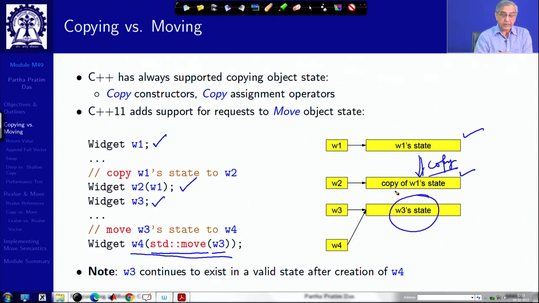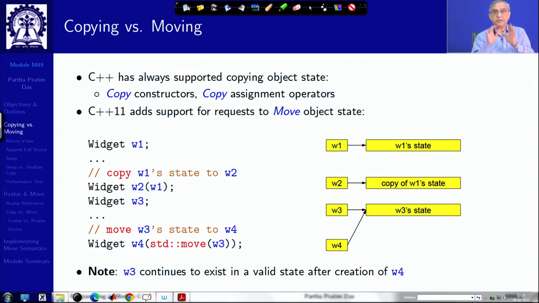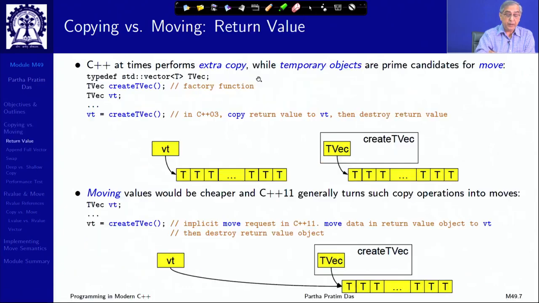This sounds like the issue of deep copy and shallow copy, which we will come to very soon. Now, this becomes useful particularly for a return value.